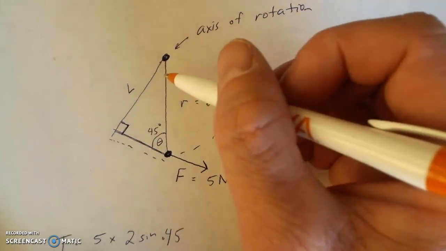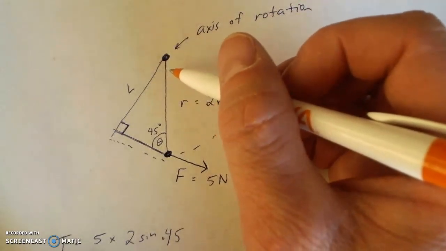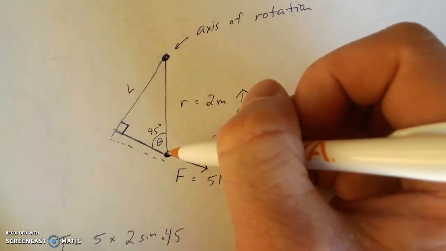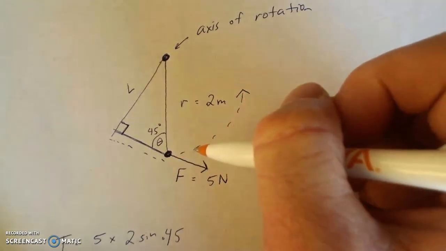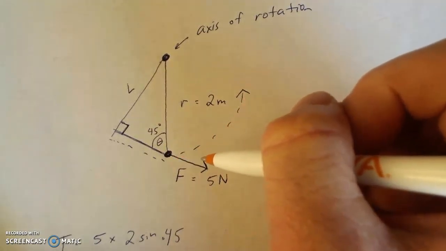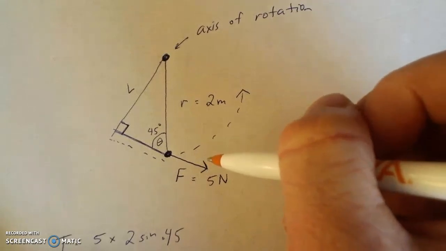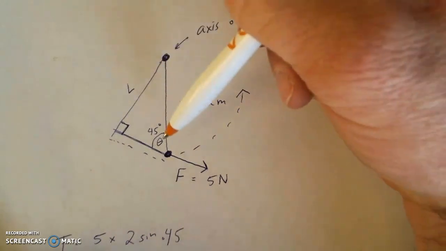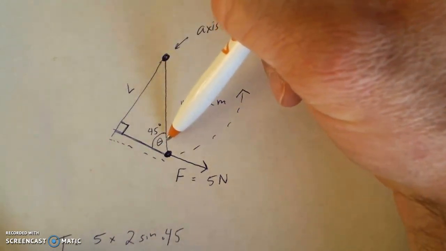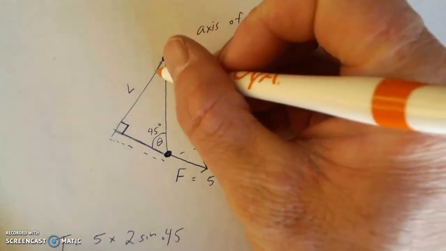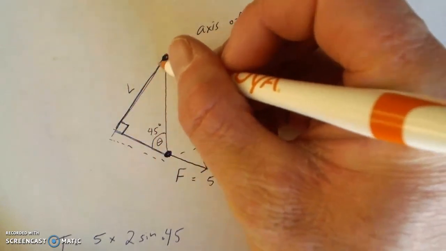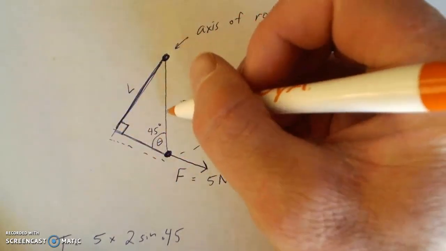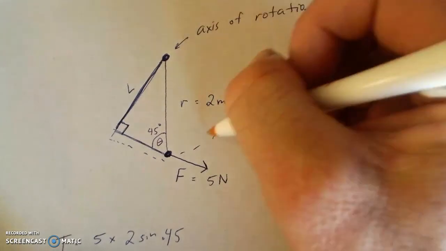So basically what we're doing here is we're creating a right triangle to look at the component of the angle of this force that we're going to use to calculate the torque. So our angle that we're going to use here in this triangle that we've done is a 45-degree angle. And so the lever arm is going to be this leg of our triangle here. So we have our radius of our actual circle.